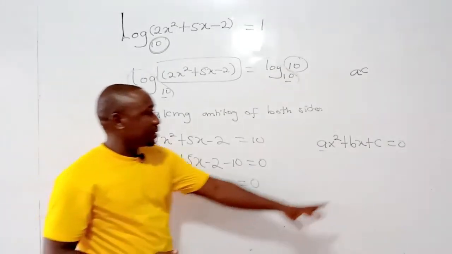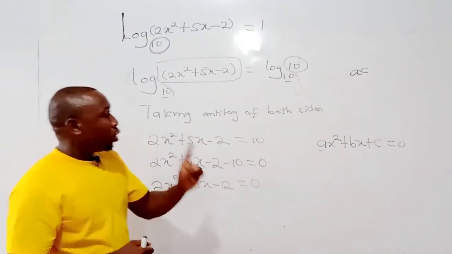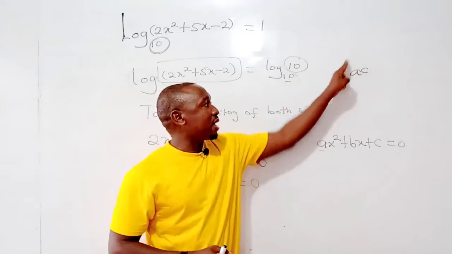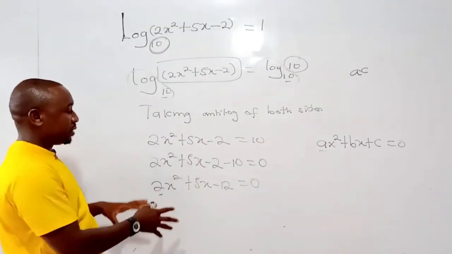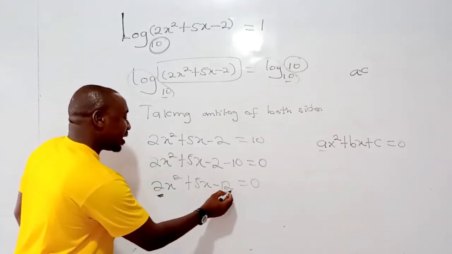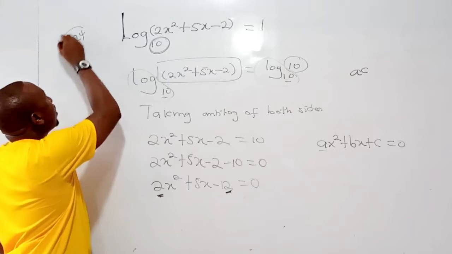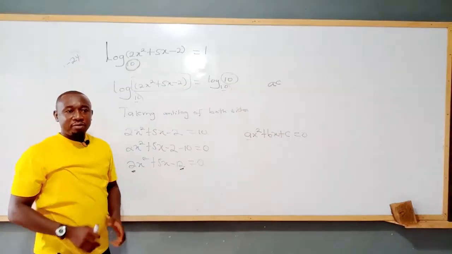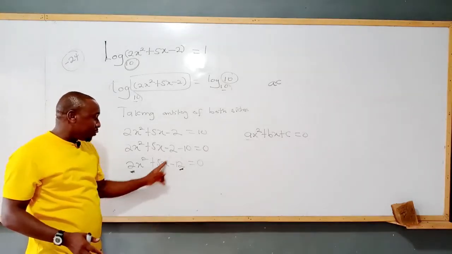And then the constant c is negative 12. So by multiplying a by the constant c, we are getting ac. Specifically, 2 multiplied by negative 12 is giving us negative 24. Sometimes students find it very difficult to find the factors because they only concentrate on the negative 12.